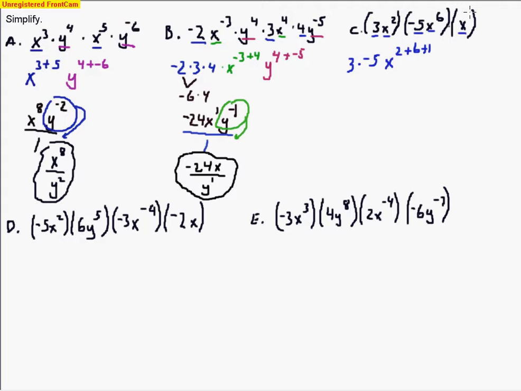If you don't see an exponent on a number, it's just 1. So we go ahead and do that multiplication. We end up with a negative 15, and then count up the exponents on the x's. 2 and 6 make 8, plus 1 makes 9. So negative 15x to the 9th power.